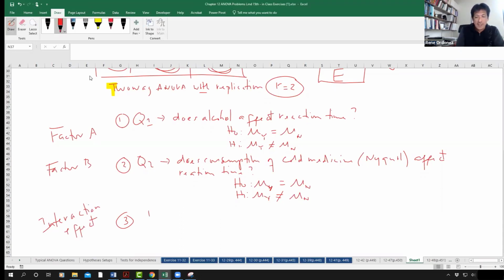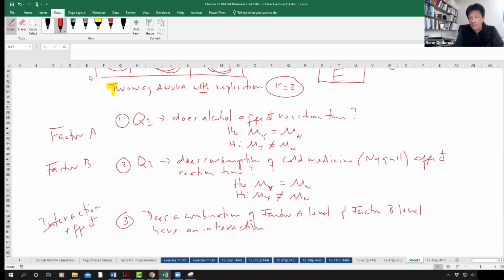So the question is, does a combination of factor A level and factor B level have an interaction effect?